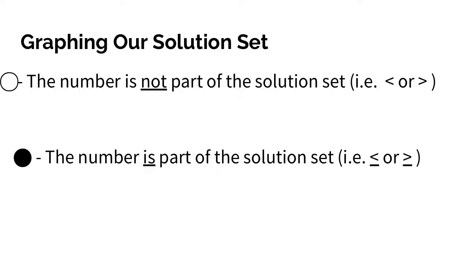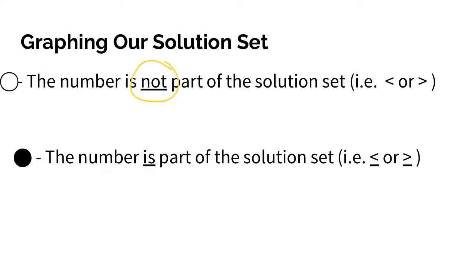One last thing for background information. You're going to be graphing your solution set, and so it's going to be important that you know whether you need an open circle or a closed circle when you go to dot your answer. You're going to leave your circle open if the number is not part of the solution set.